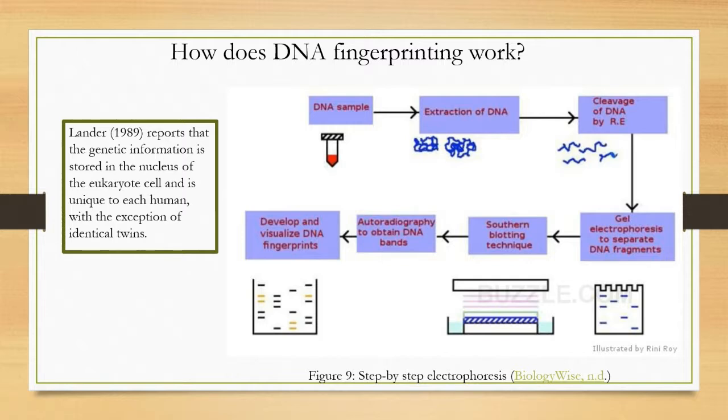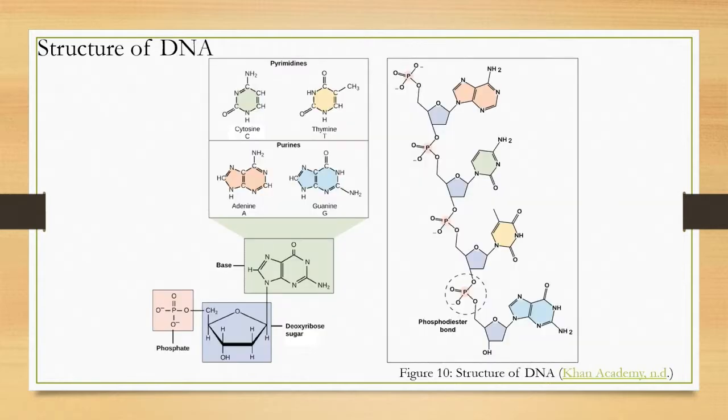Deoxyribonucleic acid, DNA, is a genetic code that contains the information that living organisms need to grow, reproduce, and function. This information is stored in the nucleus of eukaryote cells and is unique to each human, with the exception of identical twins.